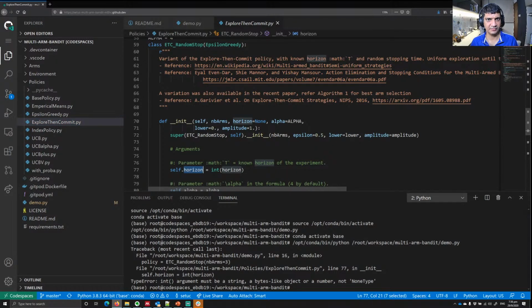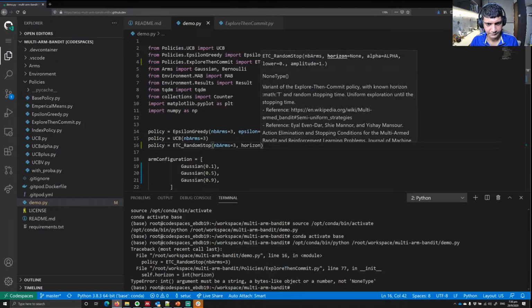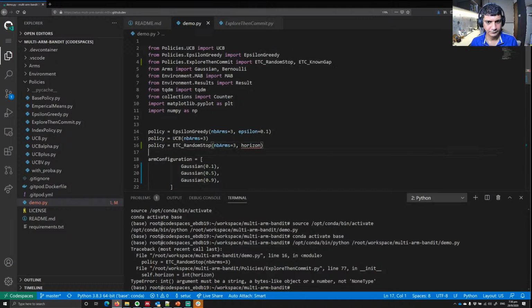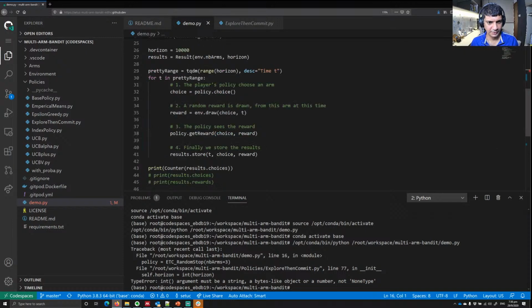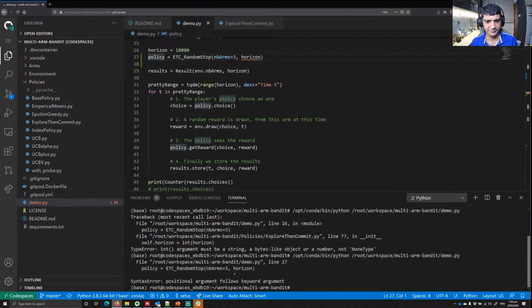It also needs the horizon. I think that's what is missing in here. Maybe let me move it inside here and run the code. I think there is some issue with this.